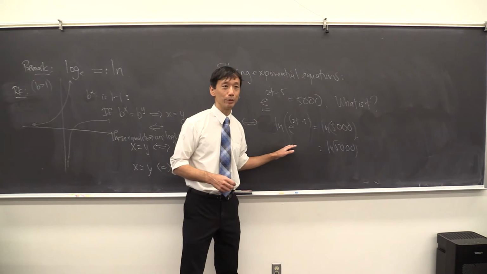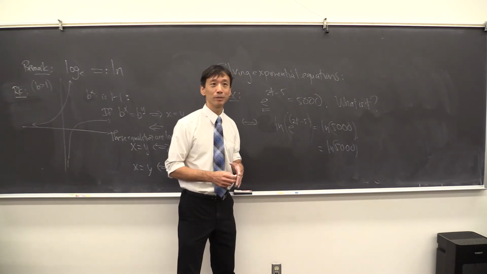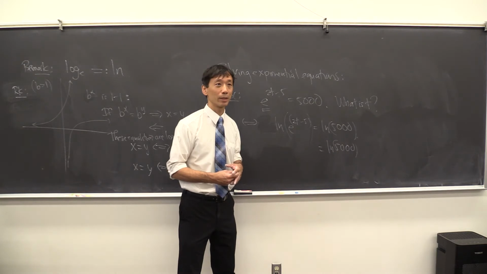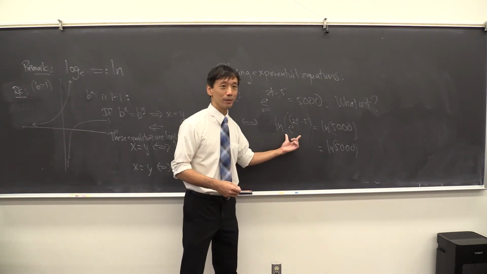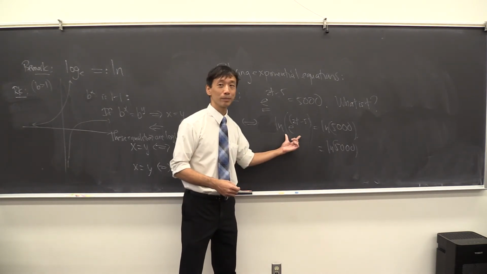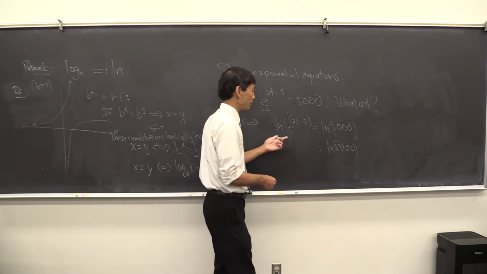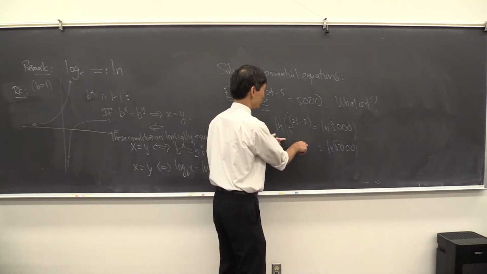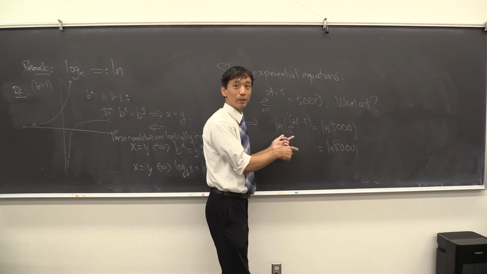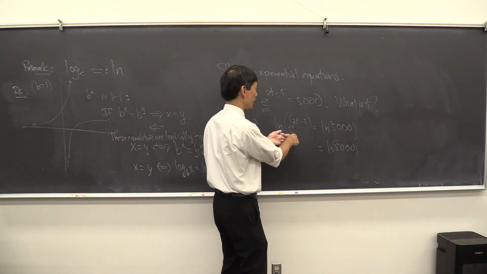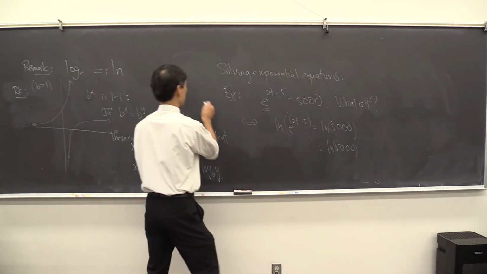Say something to your neighbor. What is it? 2t minus 5, right? What's the screaming going on here? It says inverses. These are inverse functions. Natural log of e to the blah, those cancel each other out.